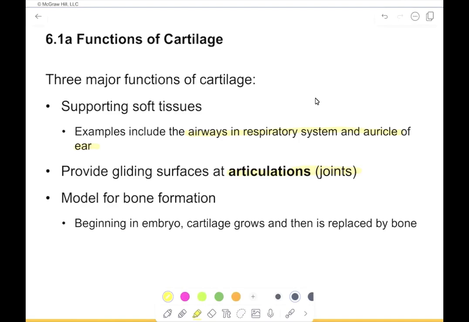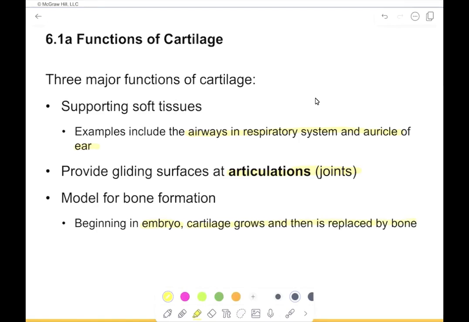So you're going to have a chapter coming up solely on articulations. And then finally, when we're beginning development in the embryo, we are essentially a model of hyaline cartilage. That cartilage is going to continue to grow, and then eventually it's replaced by bone.